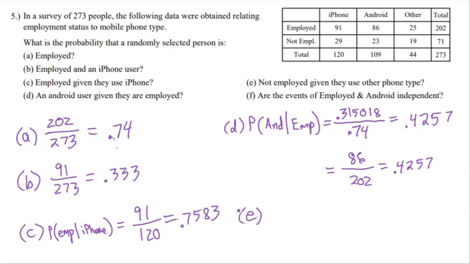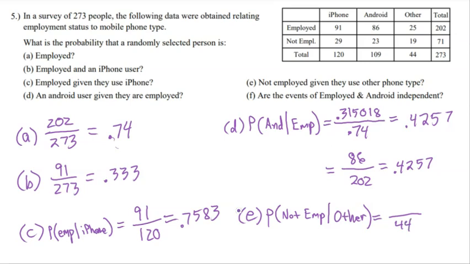All right, let's look at part E here. Part E says probability not employed given they use a different phone type. So probability that they are not employed given that they use an other phone type. If we use this method here, where we just do the numbers and leave out the 273, the total on other is 44, so we'll put that on the bottom.